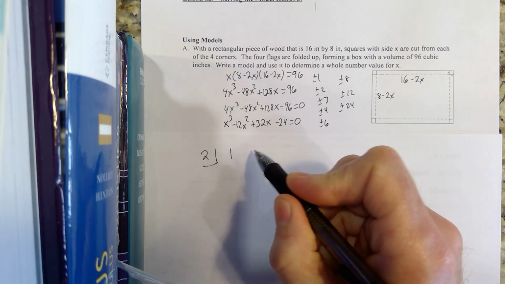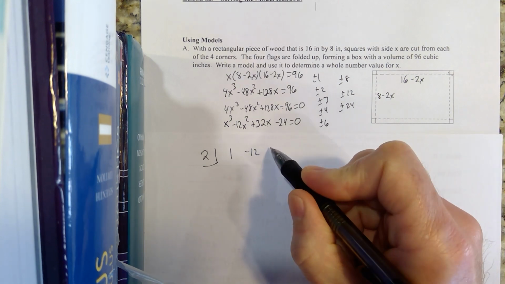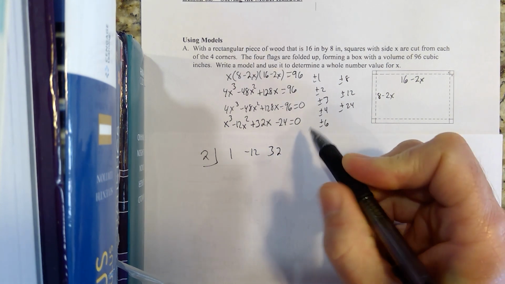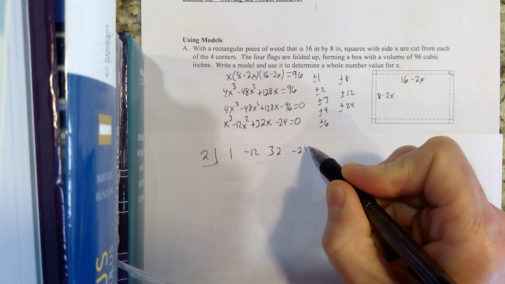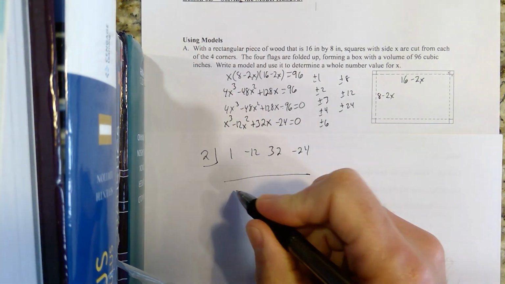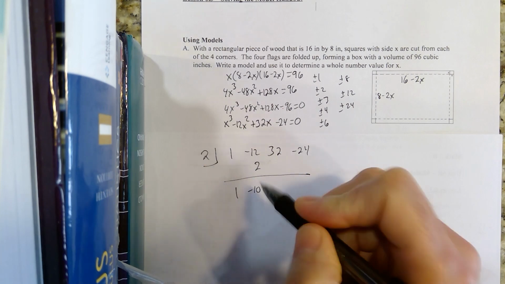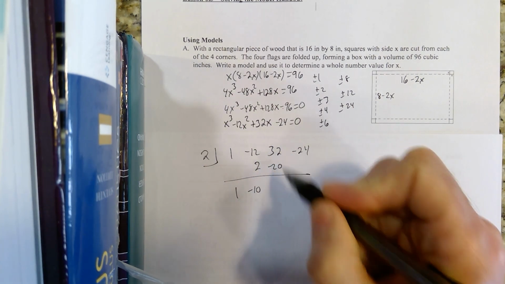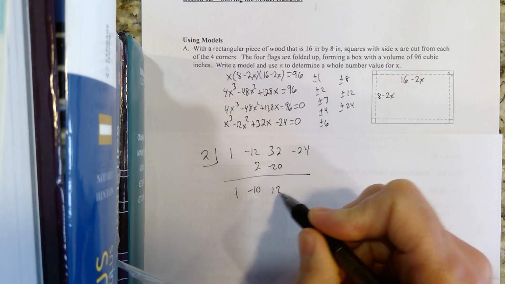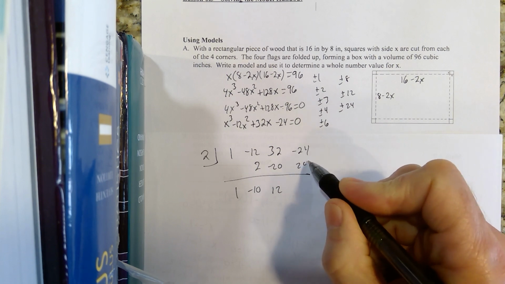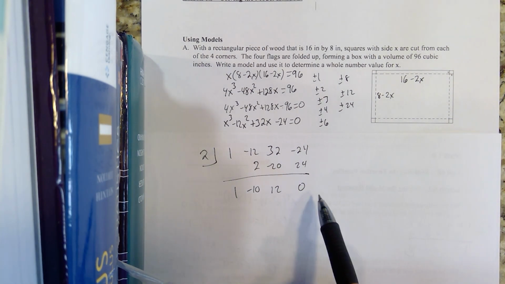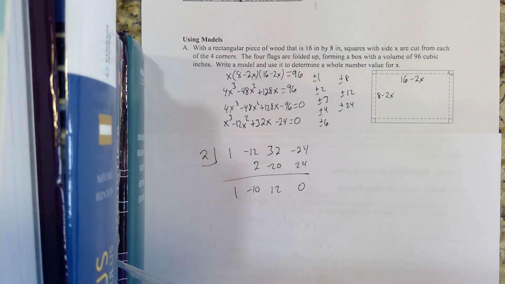Okay, so 1x cubed, negative 12x squared, 32x minus 24. 2 times 1 is 2. 2 times negative 10 is negative 20. And 2 times 12 is 24. So you can see 2 is indeed a 0.